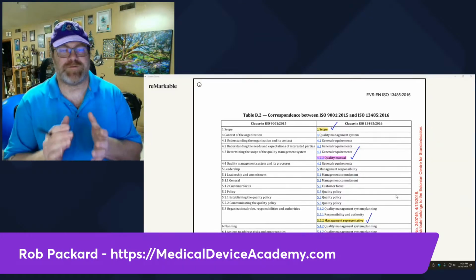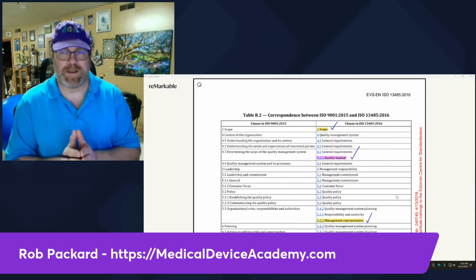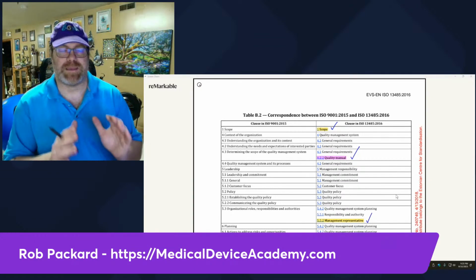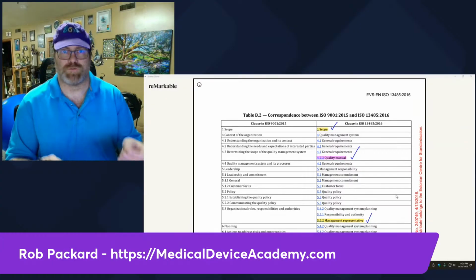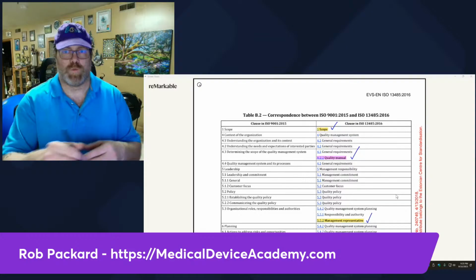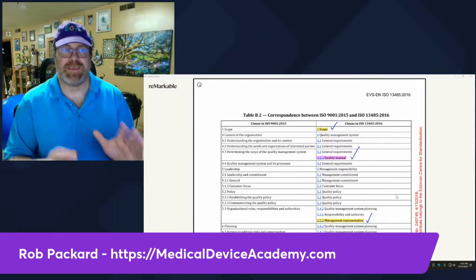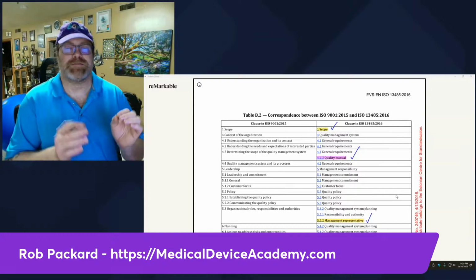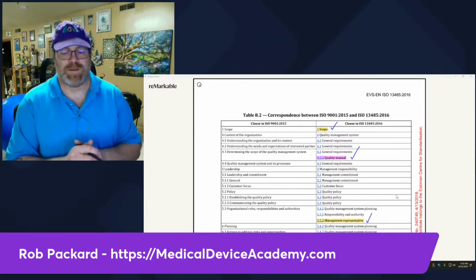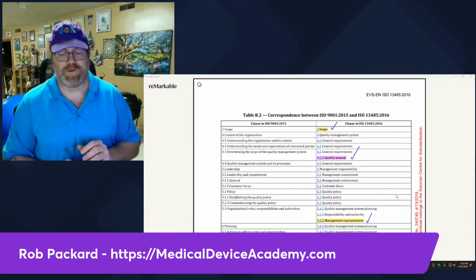Management representative had very specific roles and responsibilities under 13485 that are not articulated in 9001. So you need to be looking for who is the management rep in your company and where you have that documented. If they're a 9001 company, you can still have it, but it's not a requirement in 9001. It is a requirement in 13485.